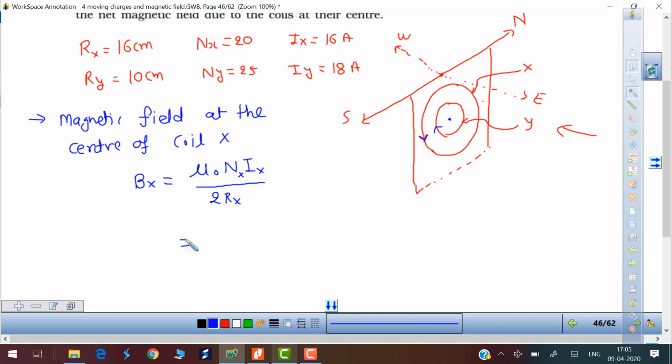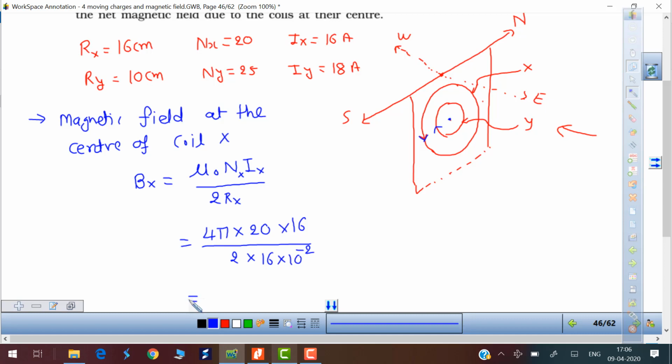We substitute all the values: 4 pi into 10 raised to minus 7, number of turns 20, current 16 ampere, divided by 2 and radius 16 centimeter converted into meter.